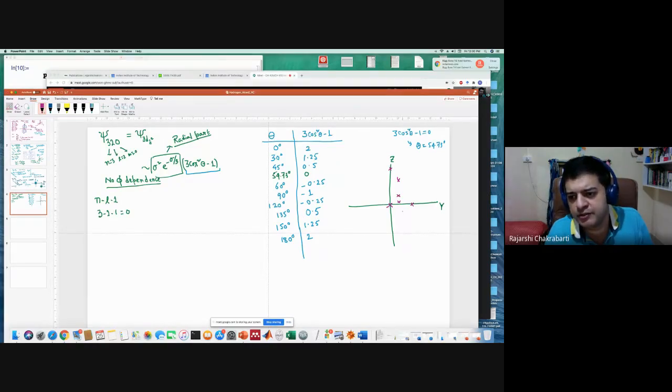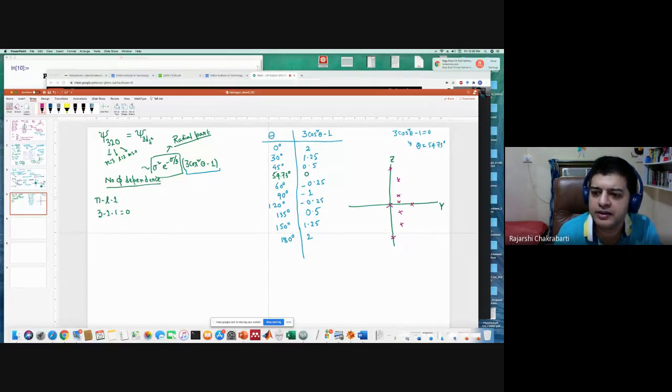Then 150 degree, it is 1.25. Then 180 degree, it is again 2. Okay, so now what do I need to do? I need to just connect these points.